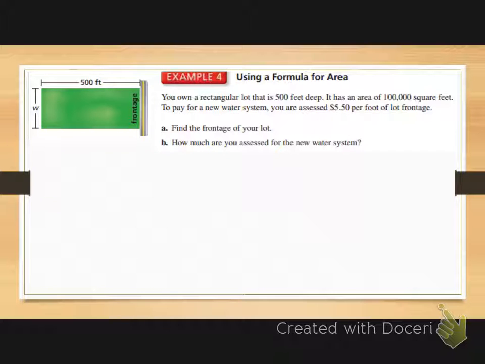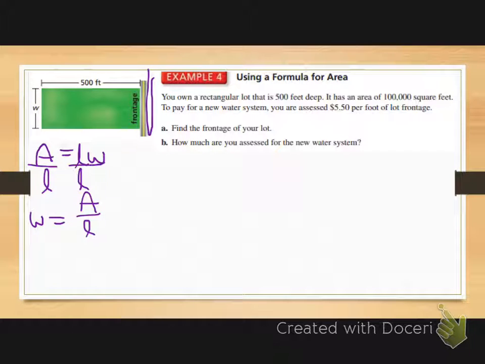In other words, this right here is your frontage, which is just going to be your width. So what we're going to do here is, if we have the area, we know that's length times width. Well, I don't know my width, so I'm going to solve for my width. So my width is going to be the area divided by the length.